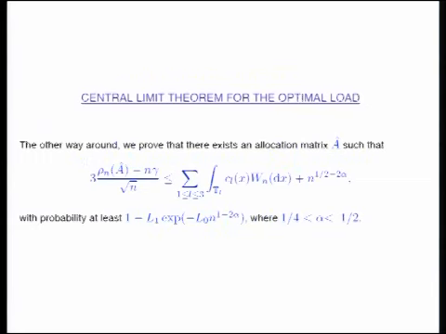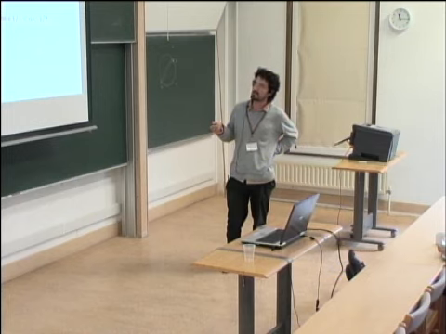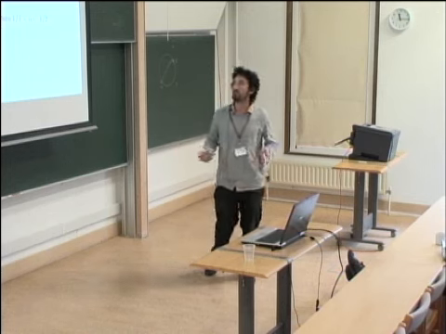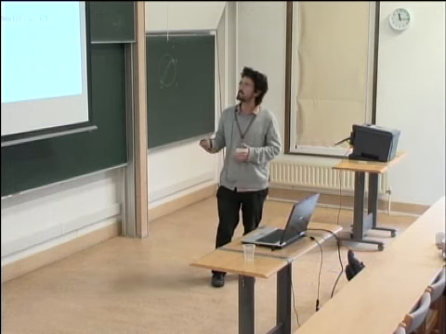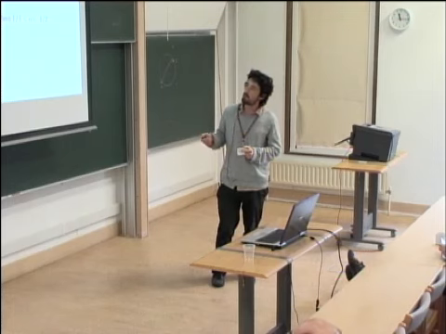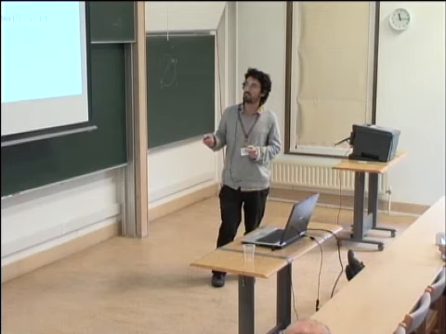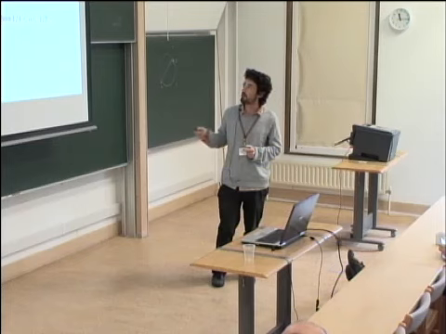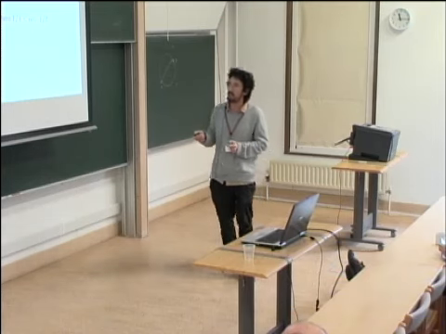So we need an inequality in the other sense, and I explained that there exists an allocation matrix, which is not the optimal one, because it's difficult to know how to build explicitly the optimal allocation. We will prove that there is an allocation matrix such that the load associated to this allocation, renormalized, is less than what we want to show is close, plus a term which vanishes as n goes to infinity with overwhelmingly high probability.